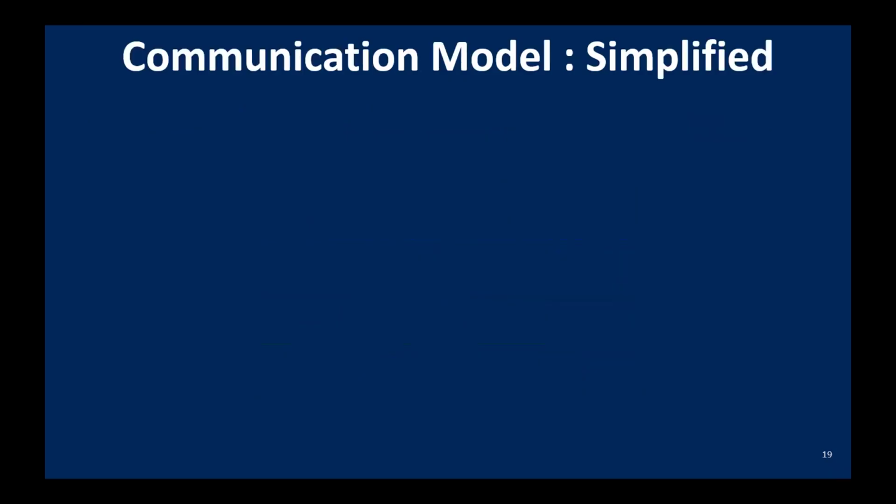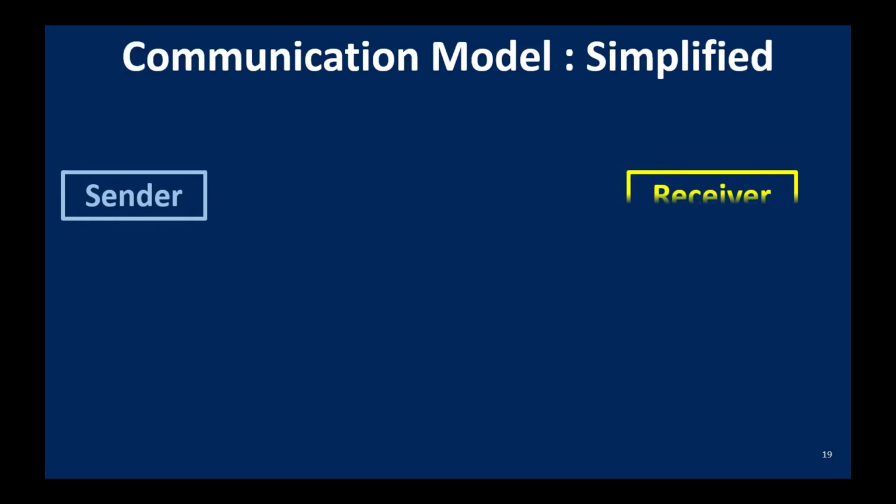Next, I want to go over, in a very simplified manner, the communication model. In the communication model, we always start on the left-hand side with the sender. This can also be called the source. This is the person who comes up with an idea, typically some abstract idea in their mind, and they want to convert that abstract idea or feeling into some kind of concrete message, some way, somehow.